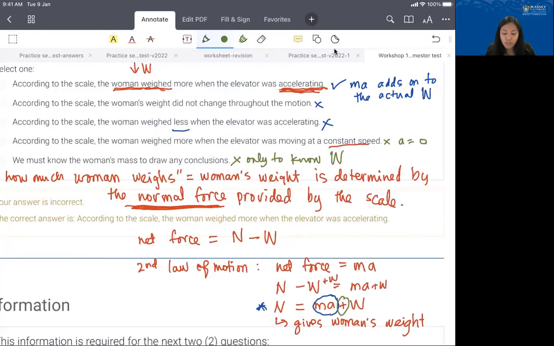Okay, and so the first statement is the correct answer in this case. So I think this is one of the trickier questions in this test.